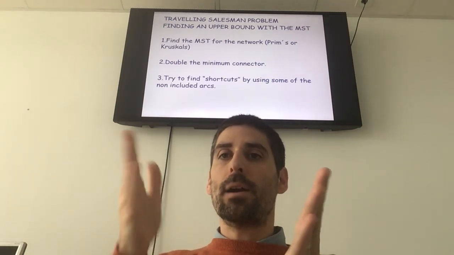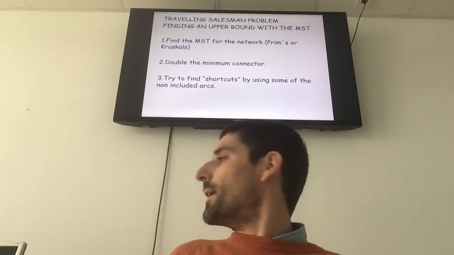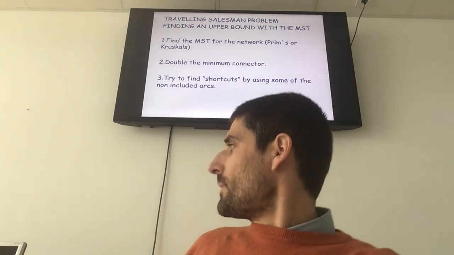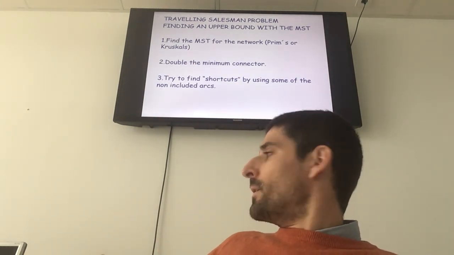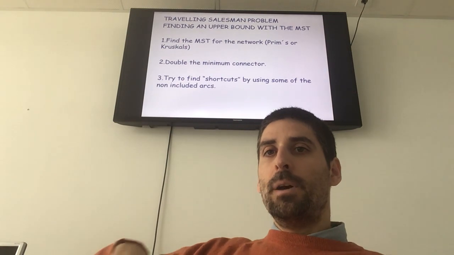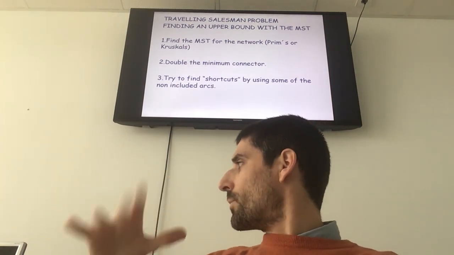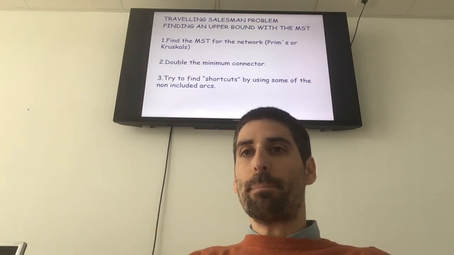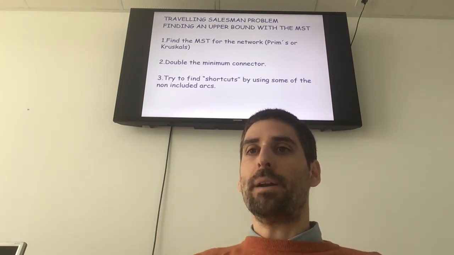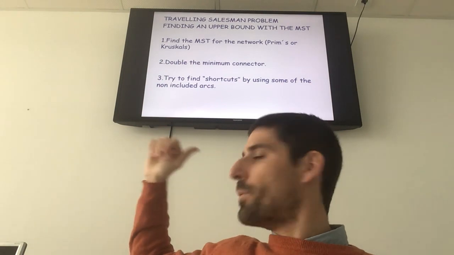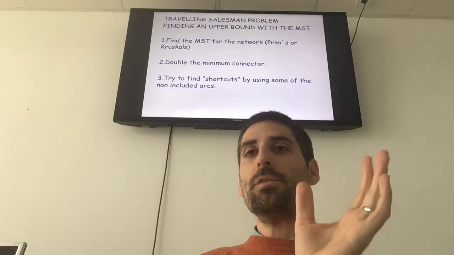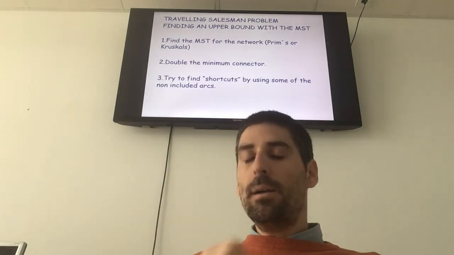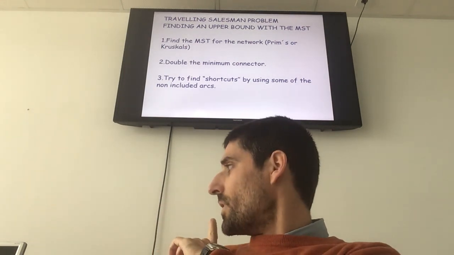Okay, now we are going to get into the meaty bit of it. For the travelling salesman problem, let's start with finding an upper bound. One way we can find an upper bound is by using the minimum spanning tree. So you're going to find the minimum spanning tree of your network either using Prim's or Kruskal's.